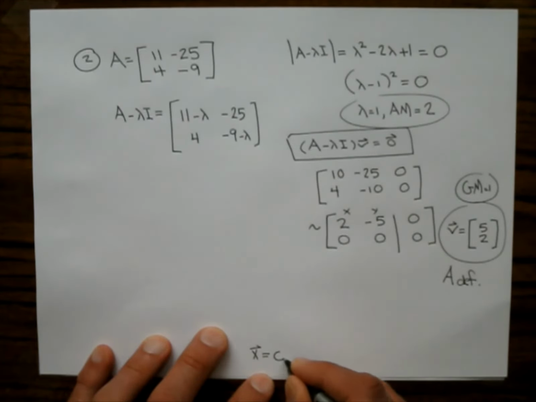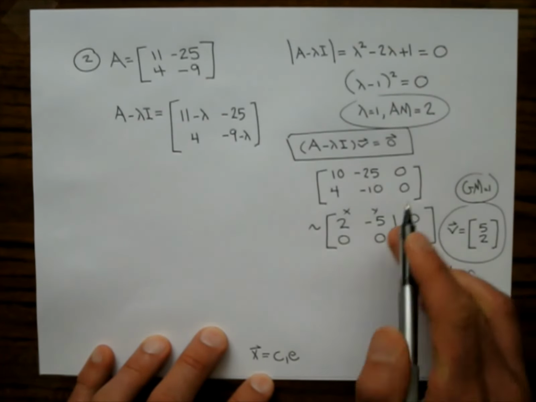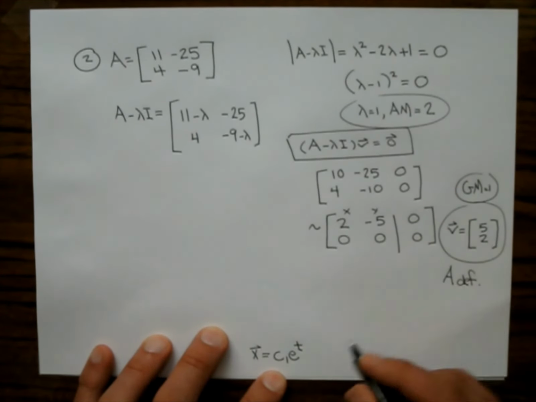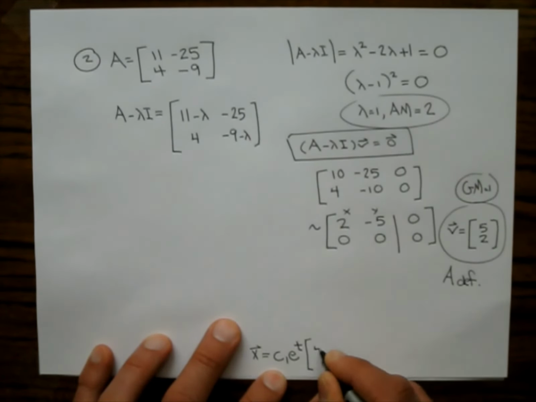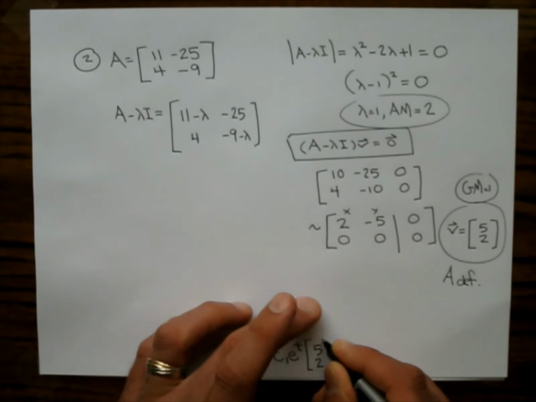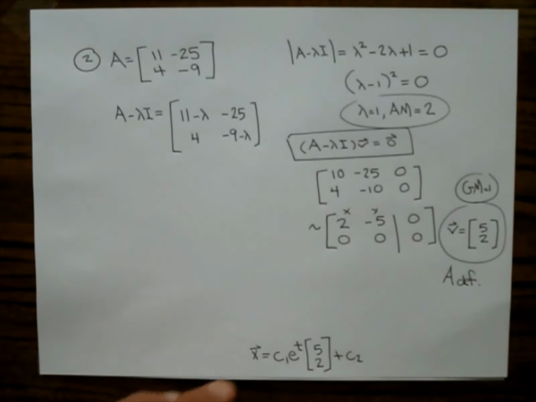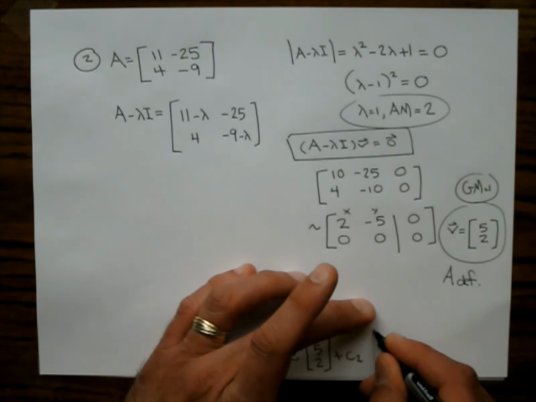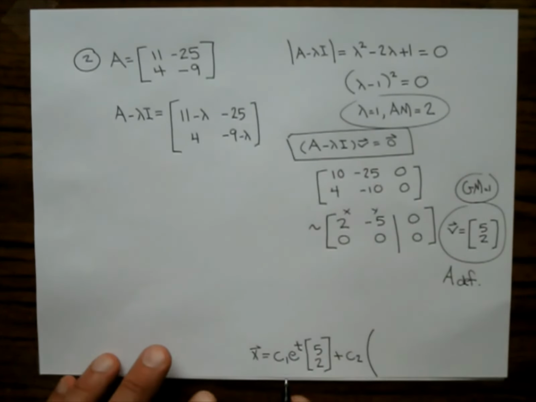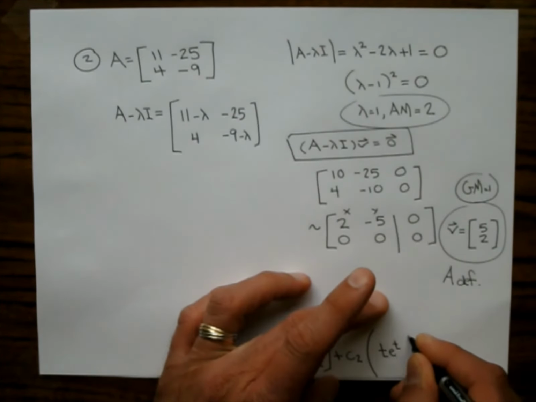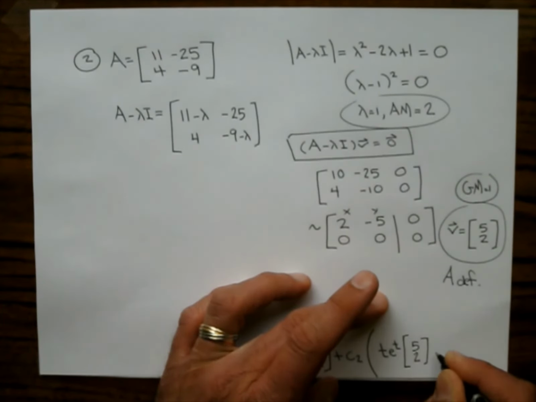The first one is C1 e to the eigenvalue 1 times t, and then the eigenvector 5, 2, plus C2. Now this is a little memorization here. We have t e to the t, 5, 2, plus just an e to the t.